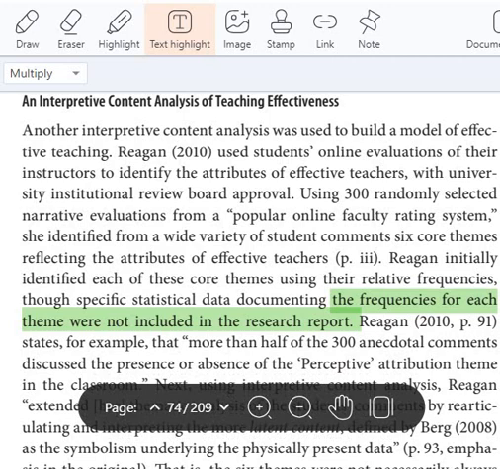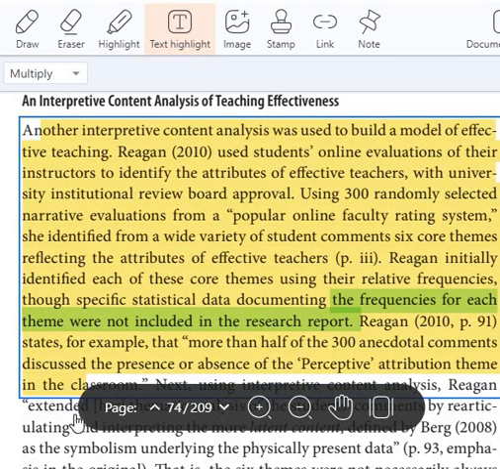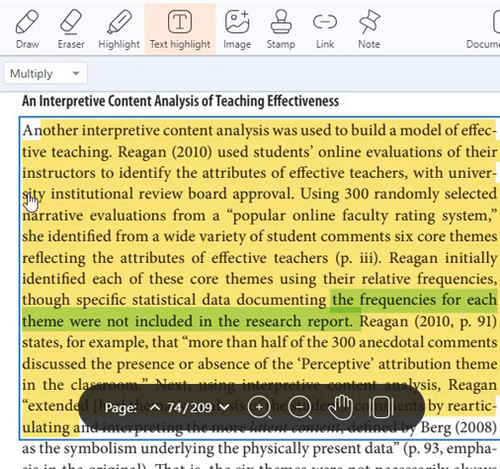Another interpretive content analysis was used to build a model of effective teaching by a person called Reagan. This researcher in 2010 conducted a study on the effectiveness of the teaching process. She used students' online evaluations of their instructors to identify the attributes of effective teachers with University Institutional Review Board approval.